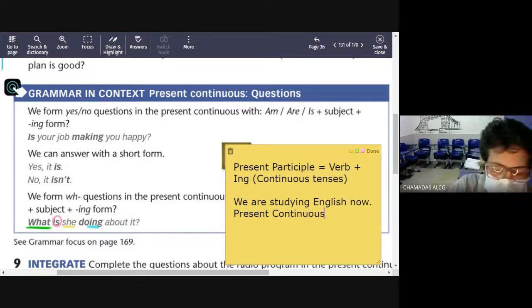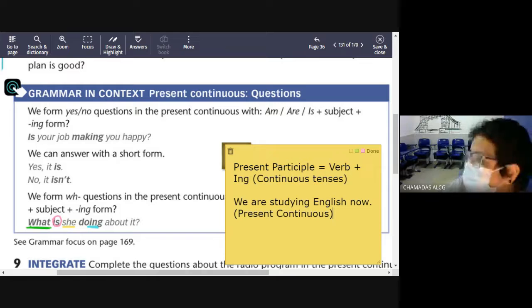All right. So I'm just marking here that this is the verb tense we are using. So the present continuous is formed.